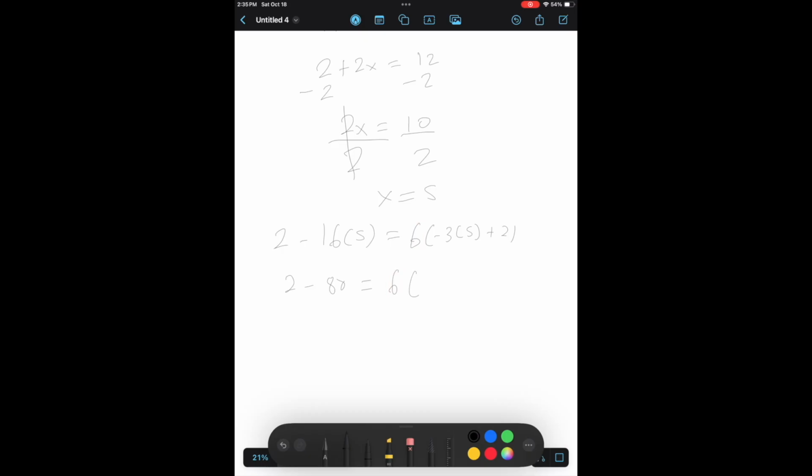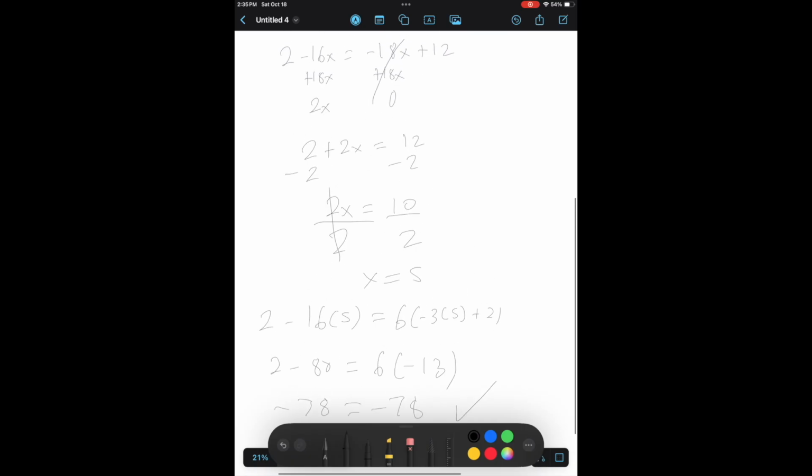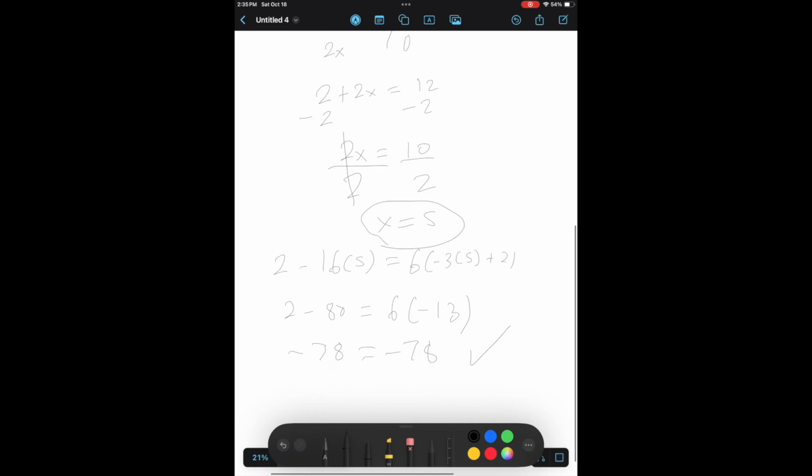Negative 15 plus 2 is equal to negative 13. So, does negative 78 equal 6 times negative 13? Let me use a calculator to check. And it does. So this equation is true when x equals 5.